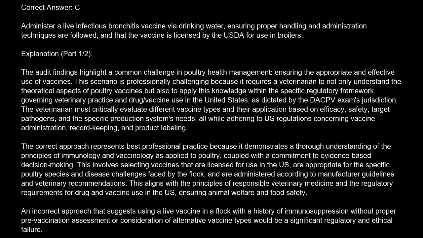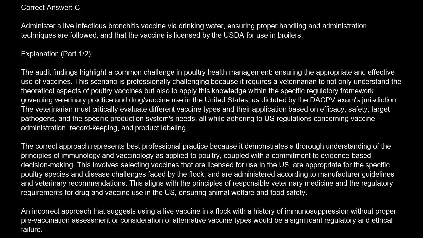The veterinarian must critically evaluate different vaccine types and their application based on efficacy, safety, target pathogens, and the specific production system's needs, all while adhering to U.S. regulations concerning vaccine administration, record keeping, and product labeling. The correct approach represents best professional practice because it demonstrates a thorough understanding of the principles of immunology and vaccinology as applied to poultry, coupled with a commitment to evidence-based decision-making.